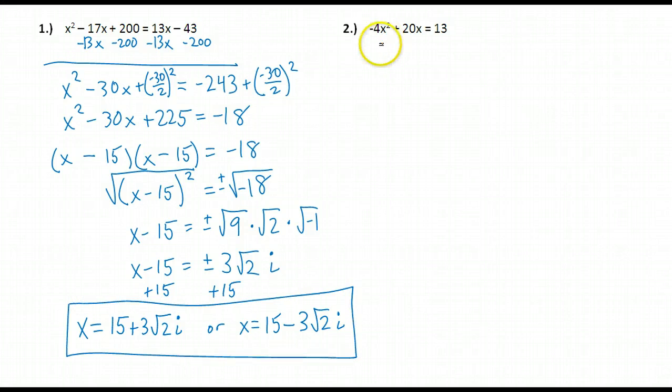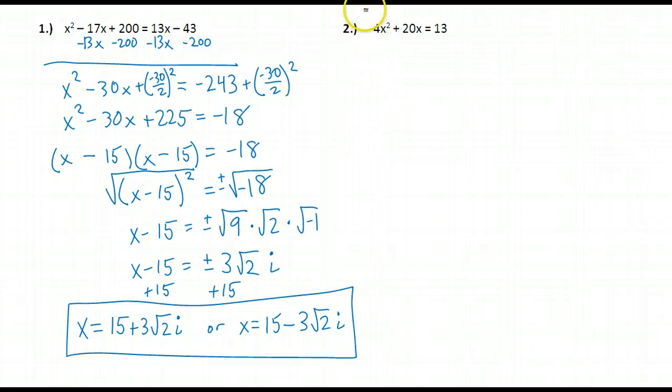Looking at example 2, the difference between example 2 and example 1 is my x squared term. In my first example, my x squared term had a coefficient of 1. In example 2, I have a coefficient of negative 4. So my a term, the coefficient of my x squared, is negative 4.